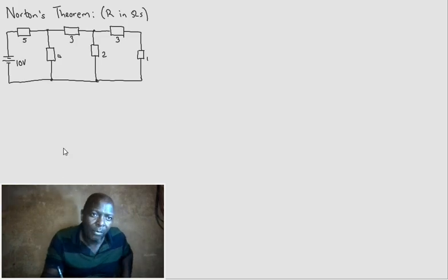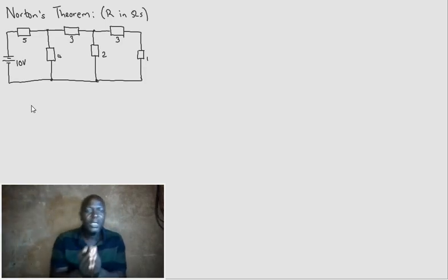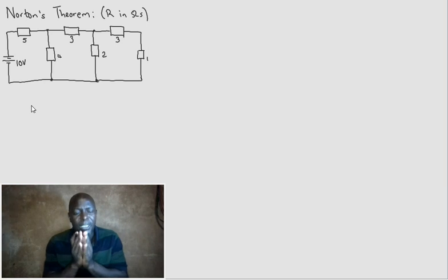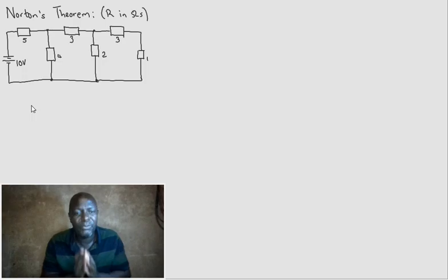Now when we deal with Thevenin's theorem, we reduce our network into what? Into a voltage and the resistance looking into that point. So with Norton's theorem, we reduce our entire system into what?